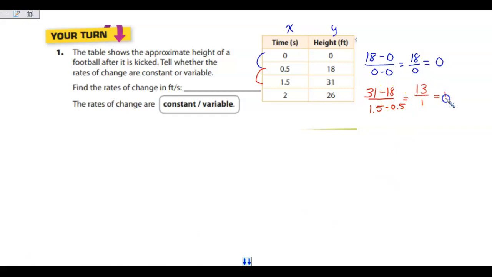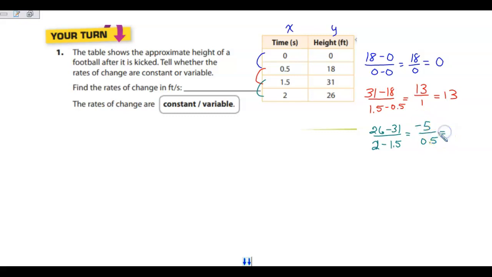31 minus 18 is 13, and that's going to equal 13. And then we have these two. If we take 26 minus 31 over 2 minus 1.5, we get 0.5, and 26 minus 31, that's going to give me a negative 5.